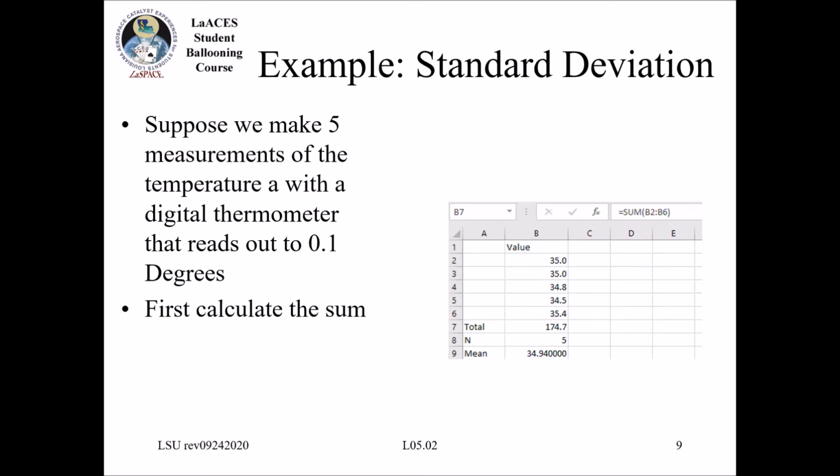So let's just suppose that we took 5 measurements of a temperature with a nice digital thermometer that gives me a readout to 1/10 of a degree, right? So you take these values, and usually you want to do this in some sort of program.